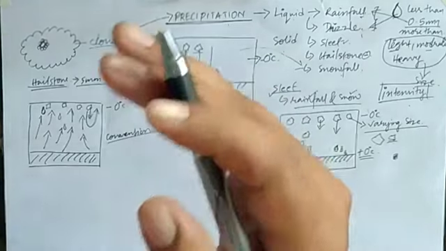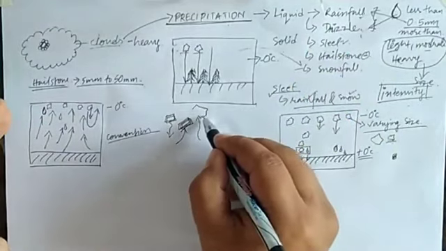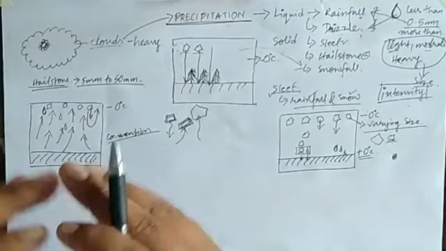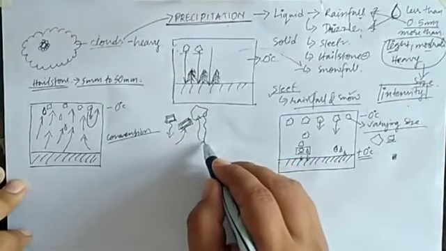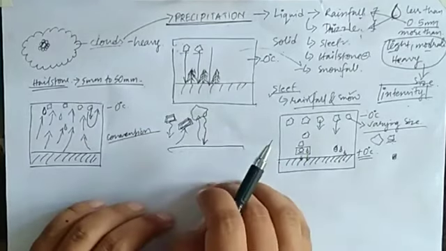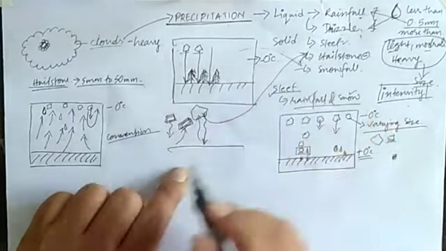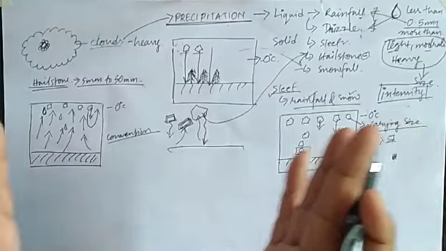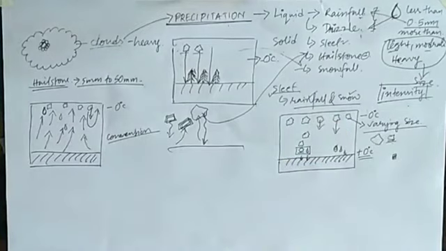So it will be raised along the convection current to the higher level of the atmosphere until it becomes heavy and the convection current won't be able to raise it any higher. As a result, due to gravity, it finally drops to the earth's surface. Those kinds of ice crystals are termed as hailstones. So hailstones are formed due to the deposition of different ice layers. So that is your hailstones.